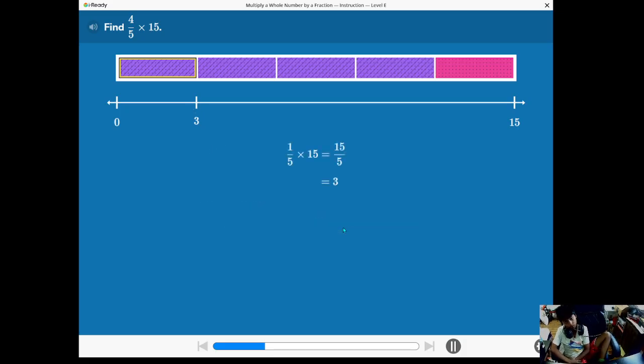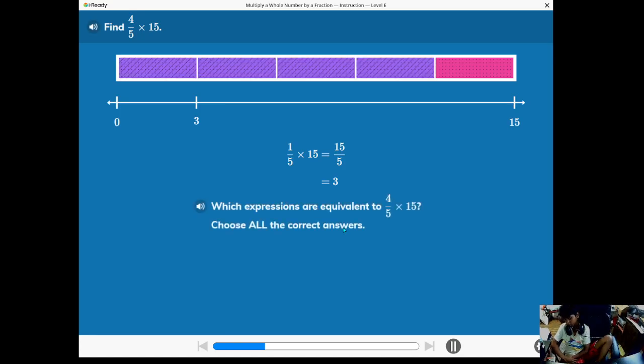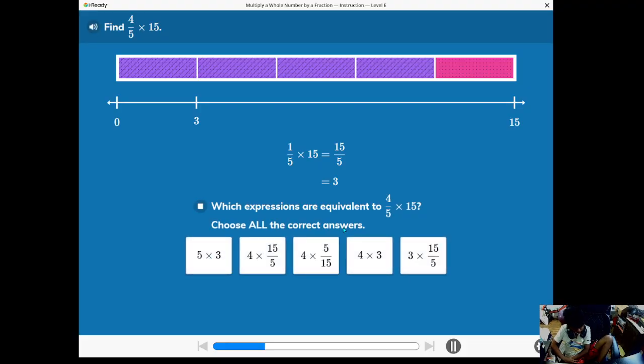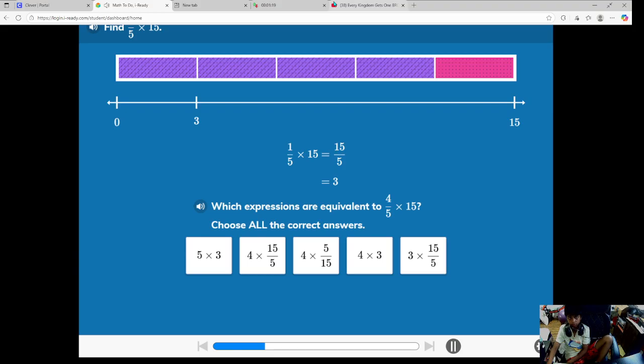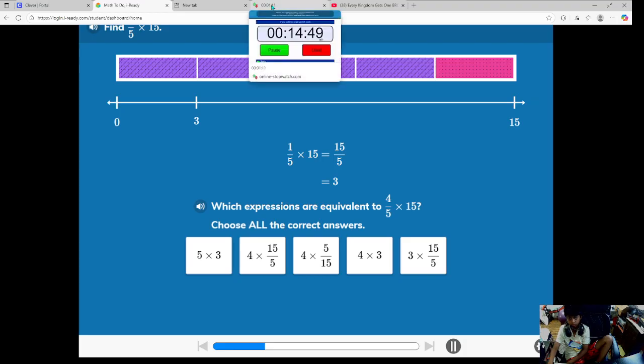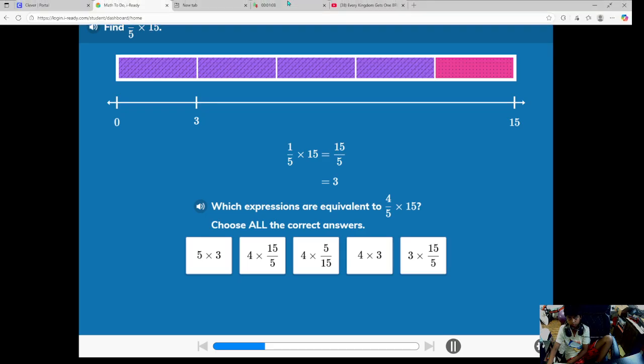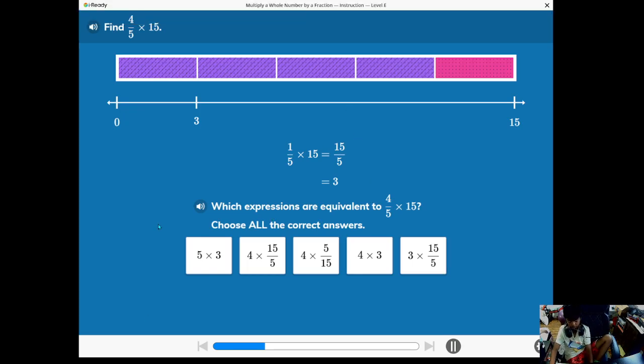Now use what you know about 1/5 of 15 to find 4/5 of 15. Which expressions are equivalent to 4/5 times 15? Choose all the correct answers.